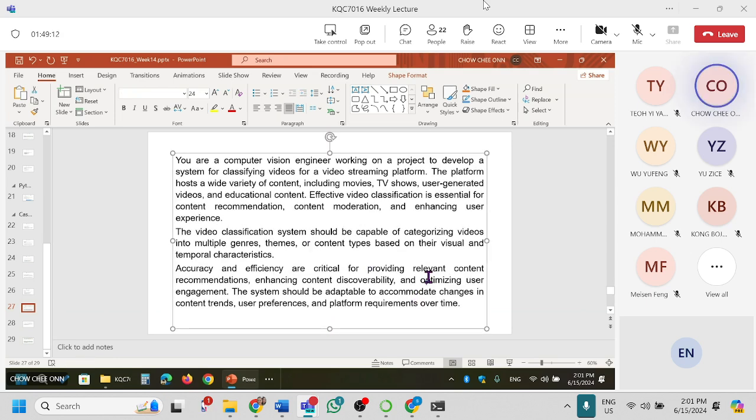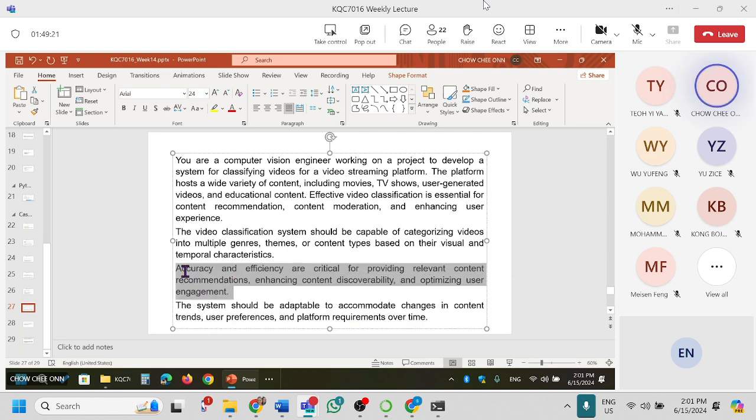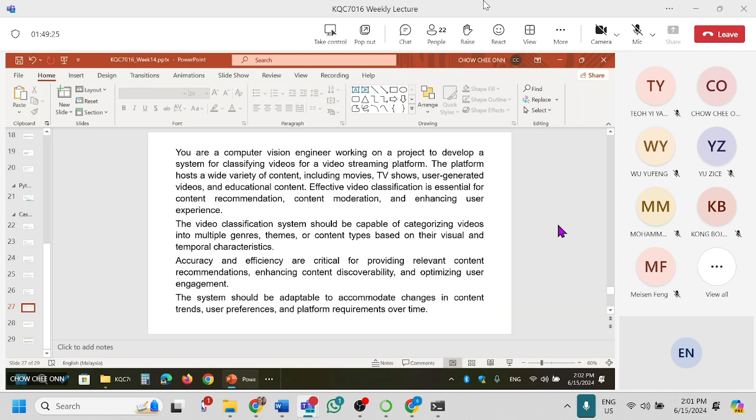Accuracy and efficiency are crucial for providing relevant content recommendations, so those are the performance metrics. The system should also be adaptable to accommodate changes in content, trends, user preferences, and platform requirements over time. I think that is just the requirements of the spec.